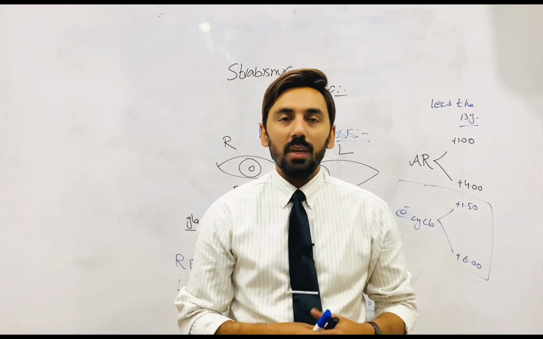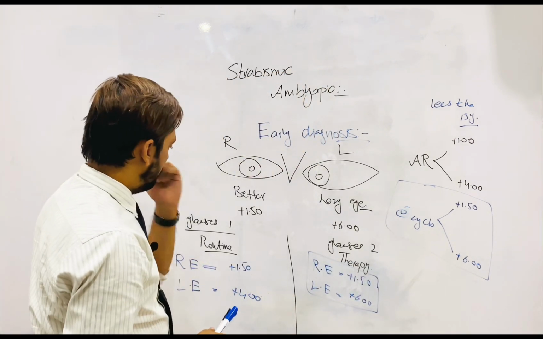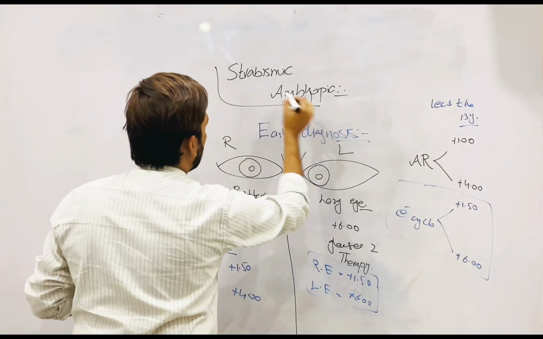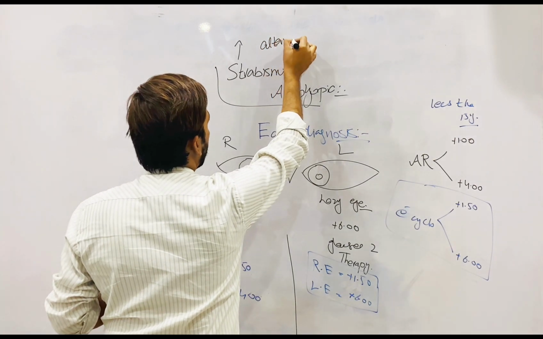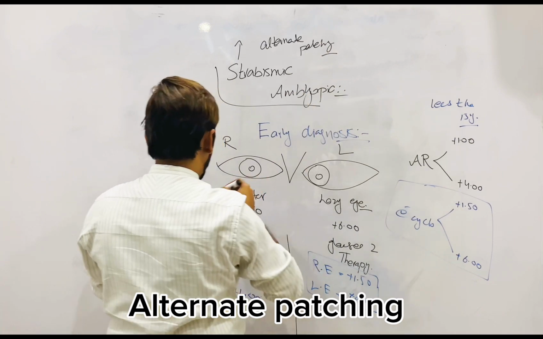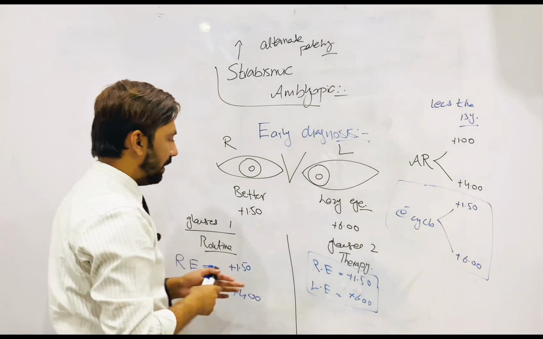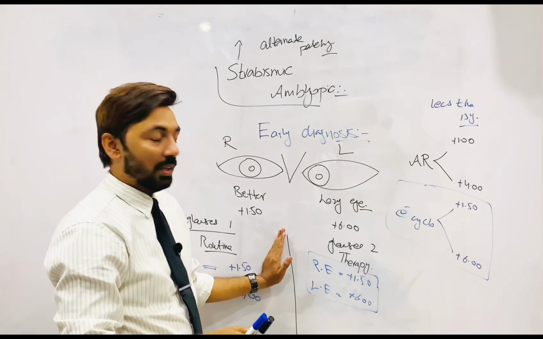And the next treatment is called the patching treatment. How will we patch? Remember that in a strabismic amblyopic patient, we will give alternate patching. Why? Because you know very well that in amblyopia we always patch the better eye, right?